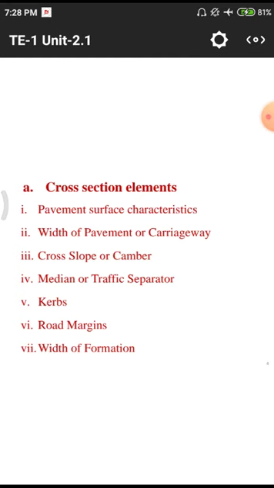And next one, road margins. Medians and traffic separators also come under road margins. That means if there is no divider on a particular road, we need to bifurcate the road by using different kinds of road margins, like yellow color paints. Mainly we divide the entire road into road margins.